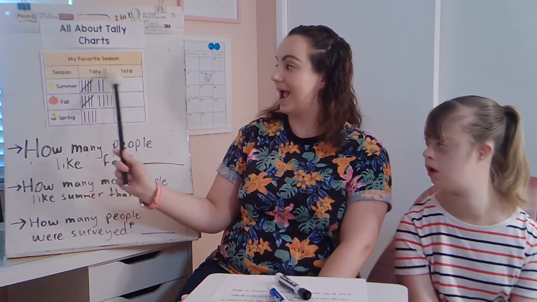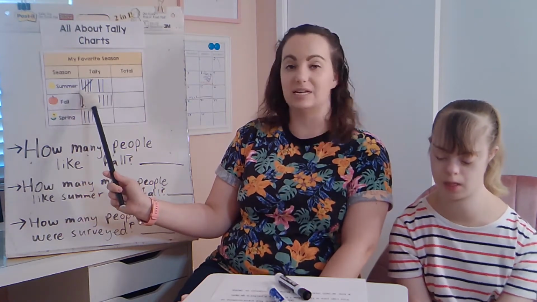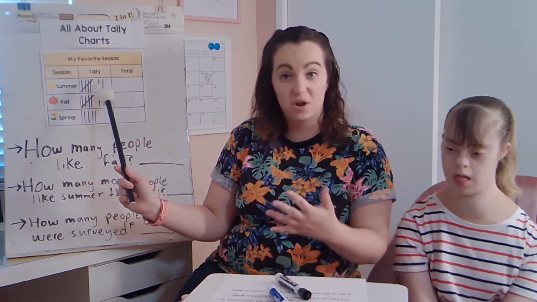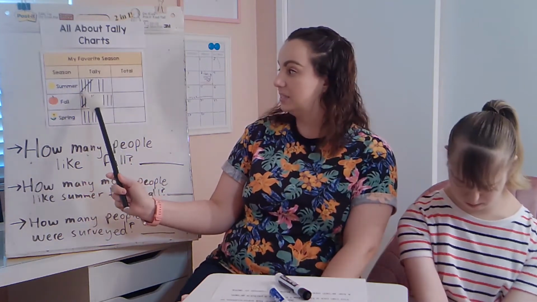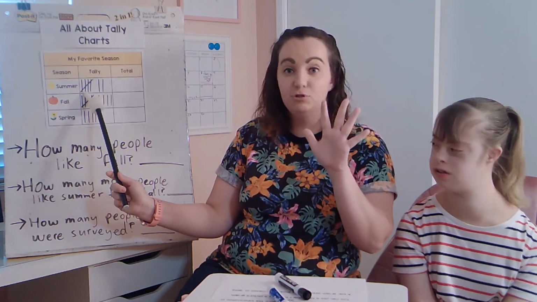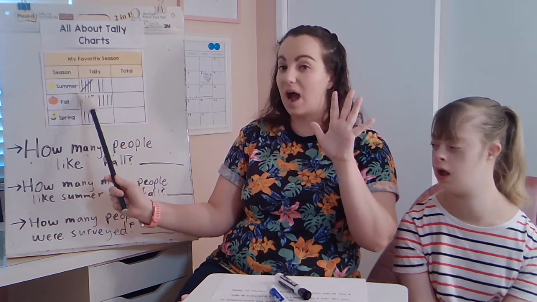Let's go ahead and look at summer. Let's see how many people said summer was their favorite season. You could sit here and count each and every single tally. Maybe you already recognize, oh, there's that special group of 5, right? And then you just keep counting on to read the tallies. So we have 5.